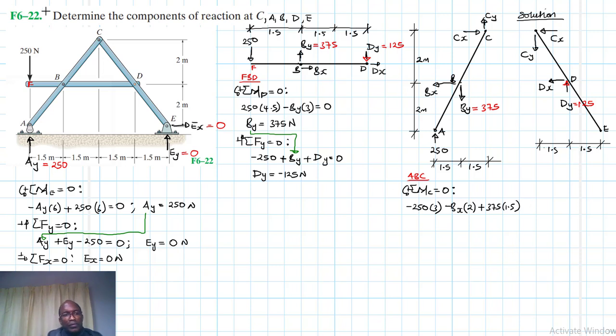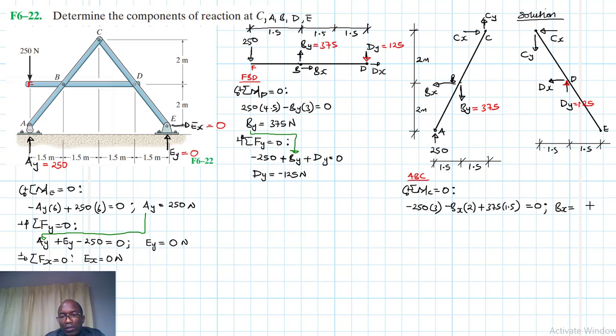Okay, so this is going to equal to 0, and therefore we have Bx equal to, let's find what Bx is equal to. So minus 250 by 3 plus 375 by 1.5, okay, and divided by 2.